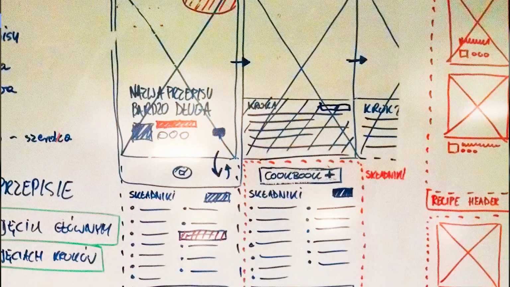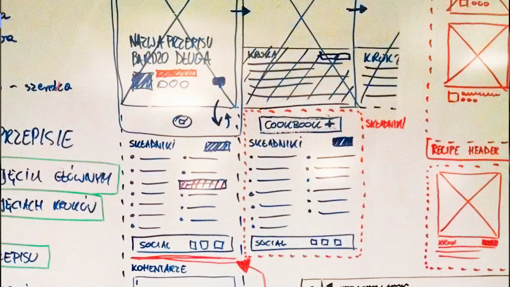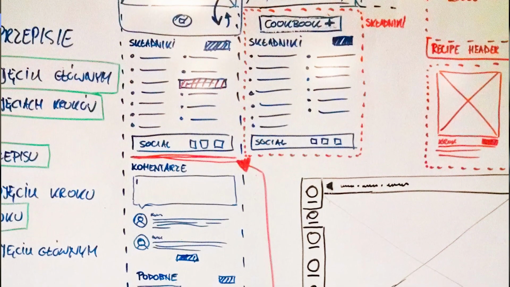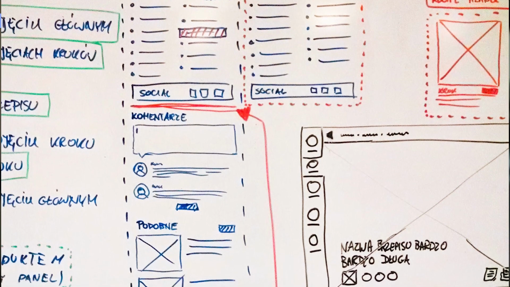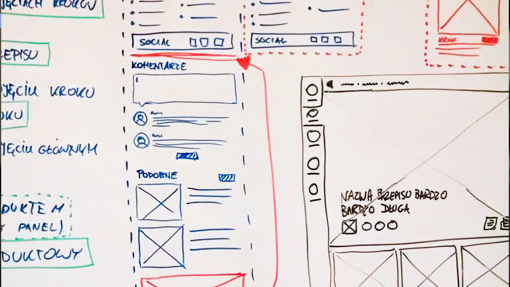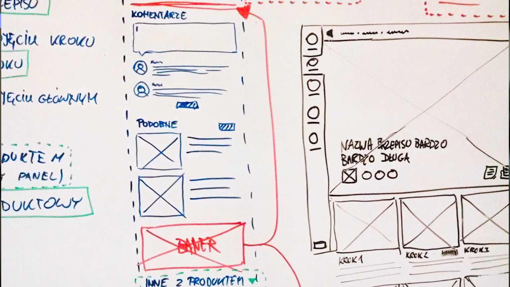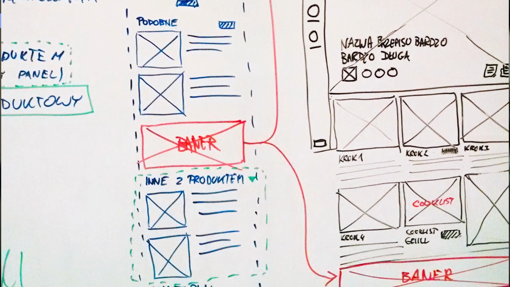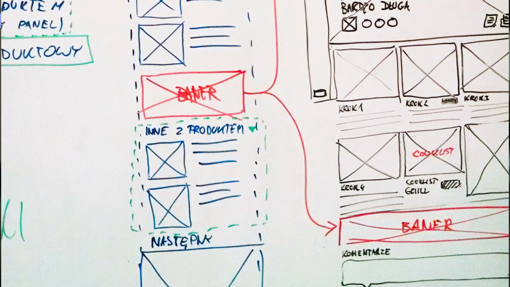So this is basically what the information architecture is. It is what goes where. Which feature, which information, and the information can be a text, a picture, an icon, or a button. Which information goes where, and that's how you create the information architecture.